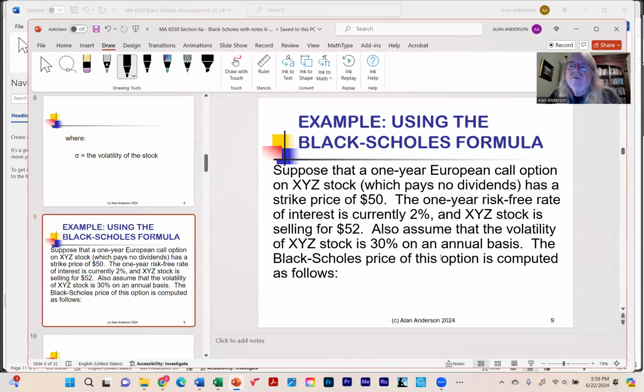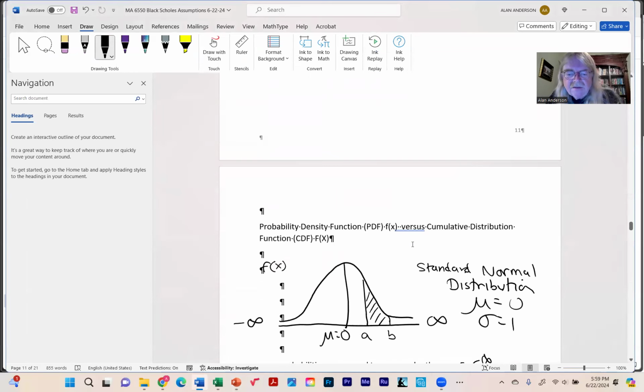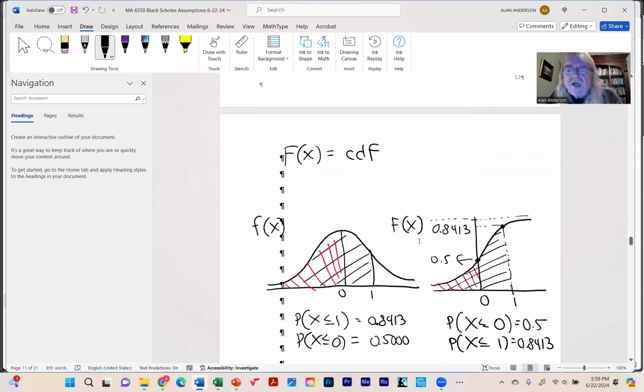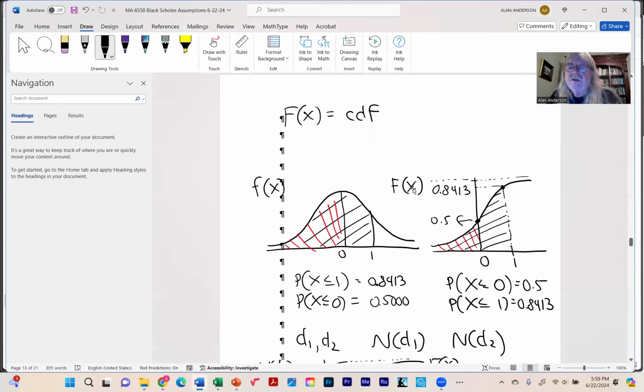Let's see if there's anything else that I covered in here. This is a drawing which is an attempt to show you how the two are different.